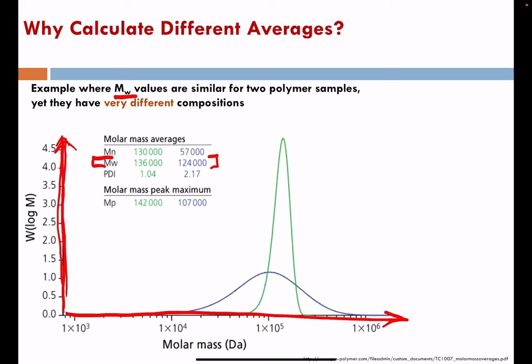Mn for the green set is close to that 136, 130,000. In the blue data set and sample, that is far lower at 57,000 grams per mole.